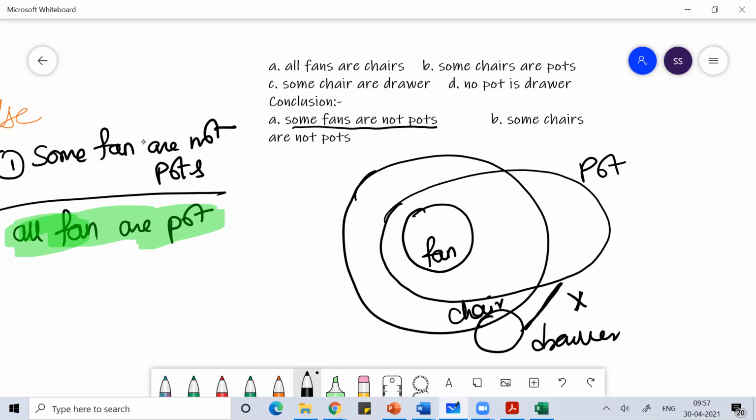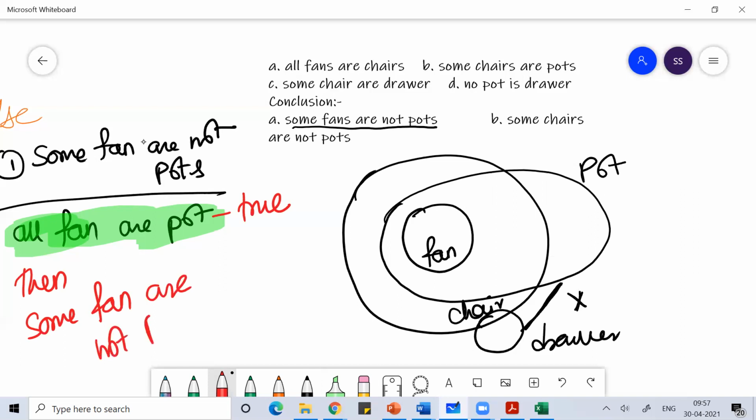Then some chairs are drawer. Yes. Then no pot is drawer. Yes. So did I violate any statement? No. But I get the possibility that all fan are pot. So if I'm getting the possibility that all fan are pot, it means that some fan are not pot.